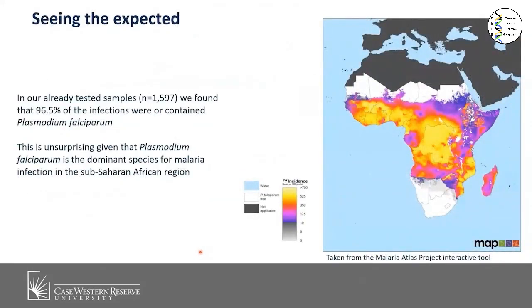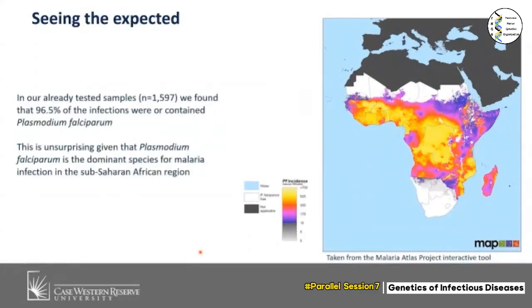Next, let's go into some of the species data that we have seen. When you're developing a new methodology, you always want it to make logical sense. And one of the things that really indicates to us that we're seeing exciting results is that in Africa, specifically in the sub-Saharan region, the majority of infections are Plasmodium falciparum.